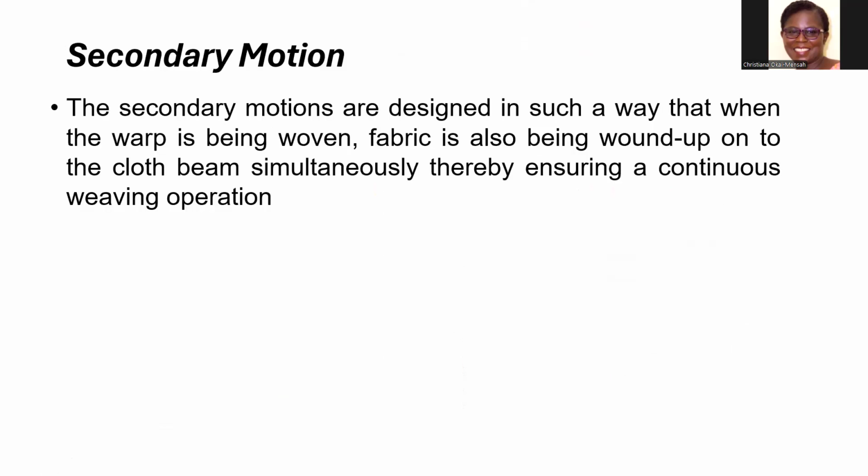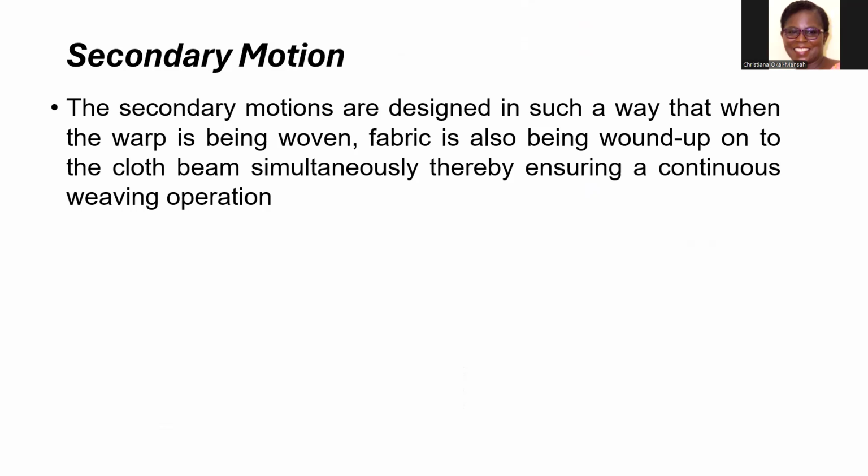So let's move on to the secondary motion, now that you know of the basic motions. In the course of your weaving, shedding, picking, beat up, you have woven all the yarns in front of you into a fabric. Now you have no space to weave again.